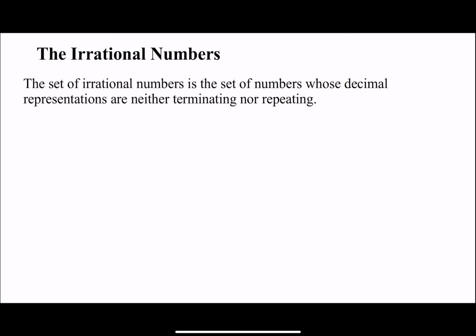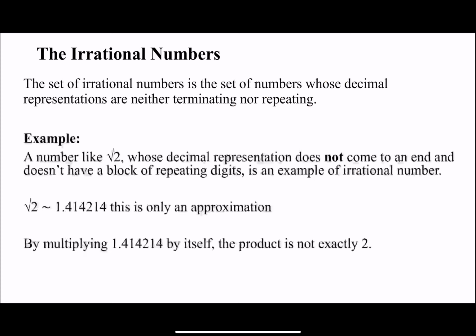Okay, what about irrational numbers? The set of irrational numbers is the set of numbers whose decimal representations are neither terminating nor repeating. Well, they never end. Like the square root of 2.